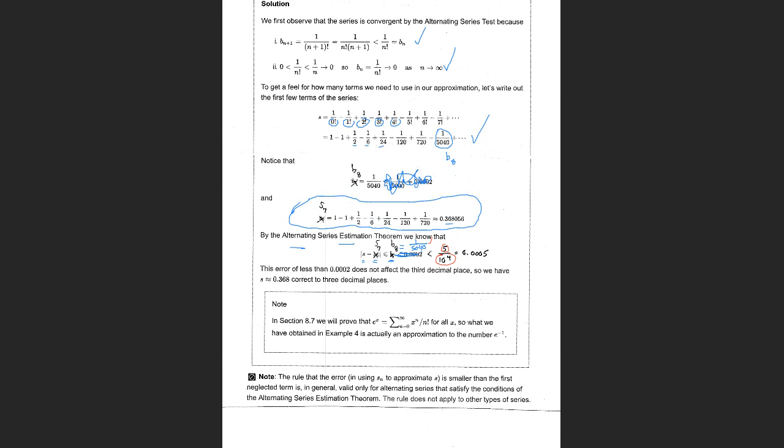Okay, 1 over 5040 is less than 5 over 10 to the 4th power. So because of that, adding the first 7 terms of the series will give us an estimate to the sum of the infinite series correct to 3 decimal places. Okay.